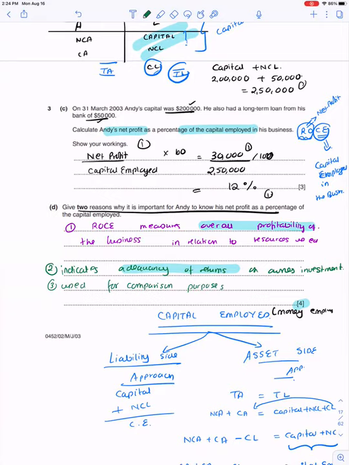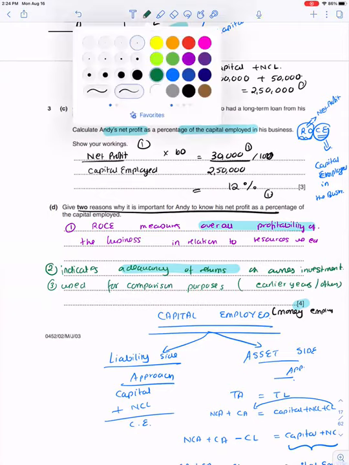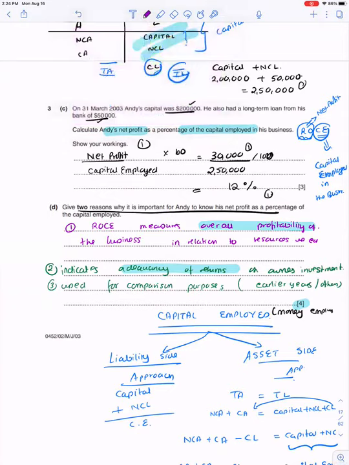You can compare with the earlier year's performance, and you can compare with others' performance. And it also helps us in decision making: if our capital is not employed properly, you can decide to change the place where you're employing the capital. So it assists in decision making.